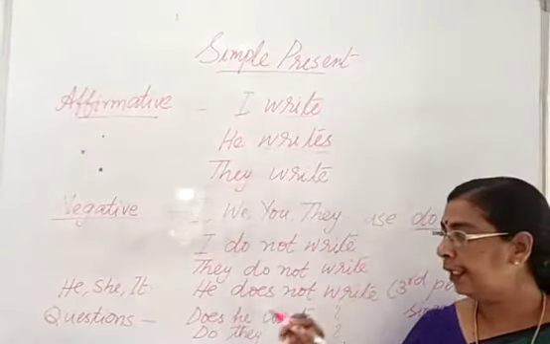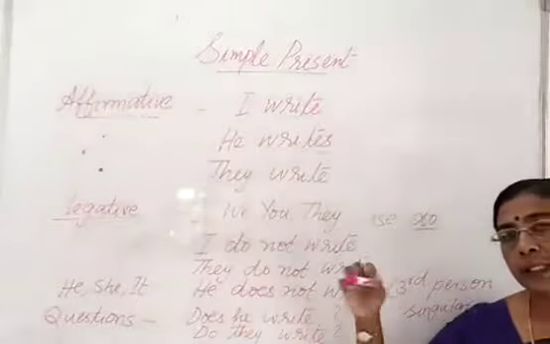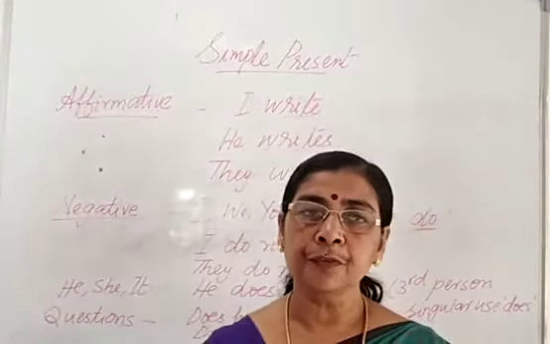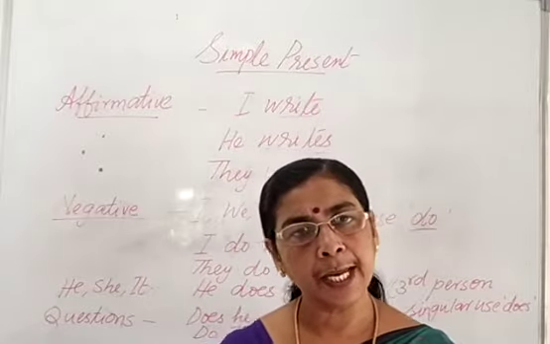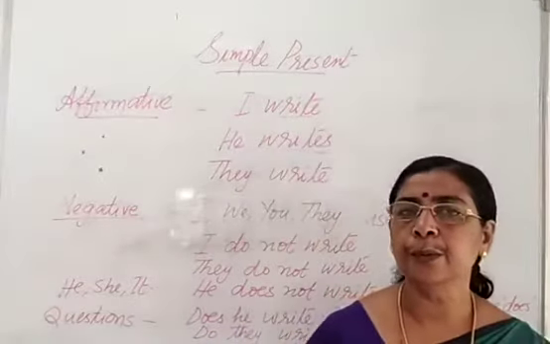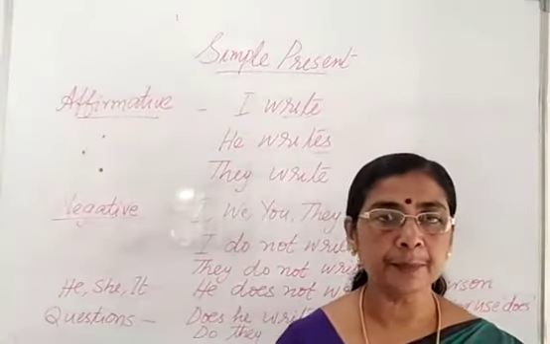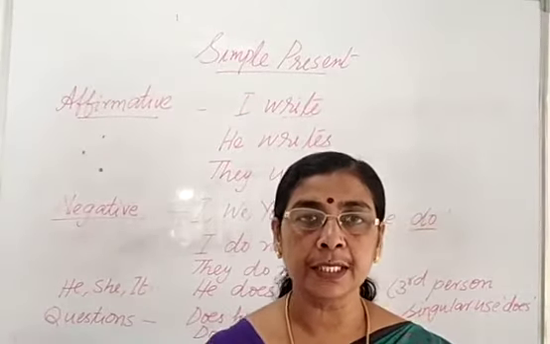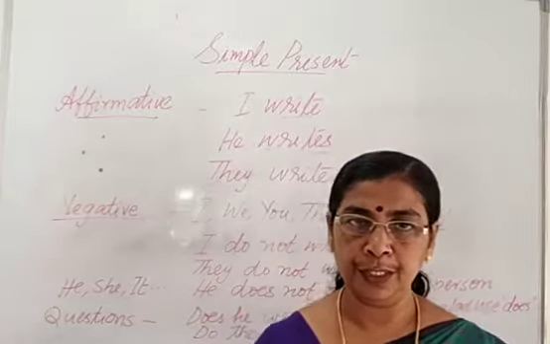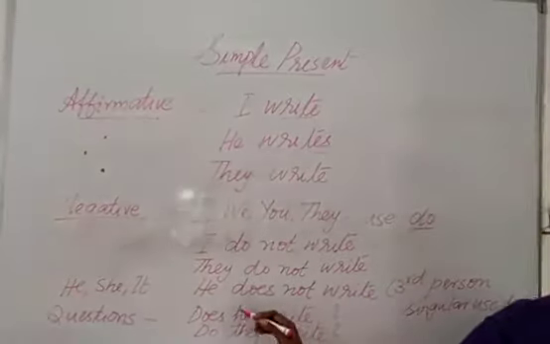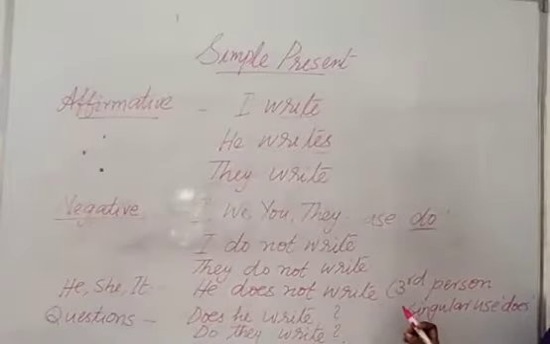Okay, then you see he, she, the third person singular. If the subjects are third person singular, for example he, she, it, any names like Rahul, Rohit, and all the things which are singular, we use does to add not. You can see here the example, he does not write.